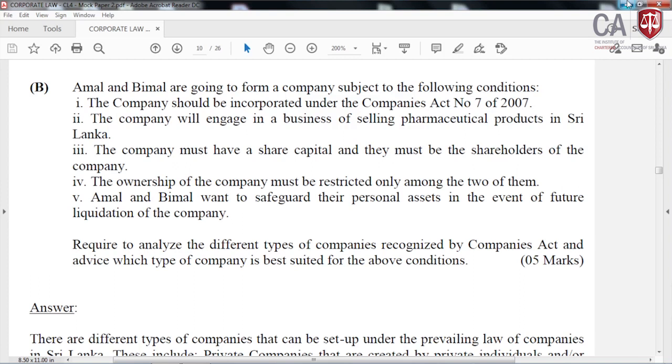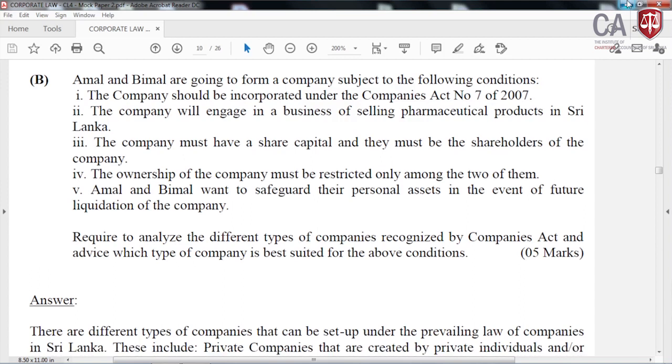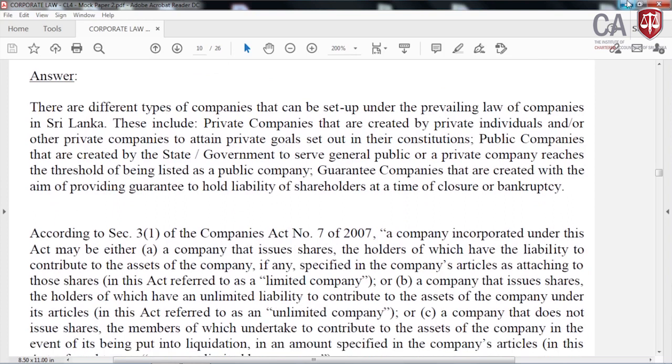So, you don't have to answer one by one separately, but you must first of all give a clear analysis of what type of companies can be created under our law. Therefore, I approach the answer by explaining what type of companies can be created under our law and what are the relevant sections that make such provisos, limitations or exceptions.